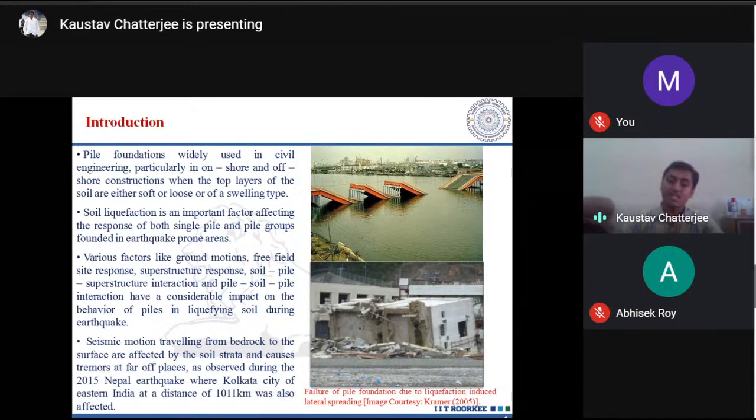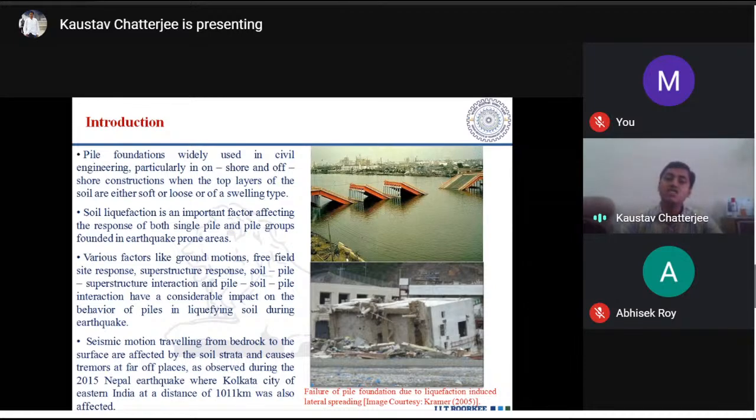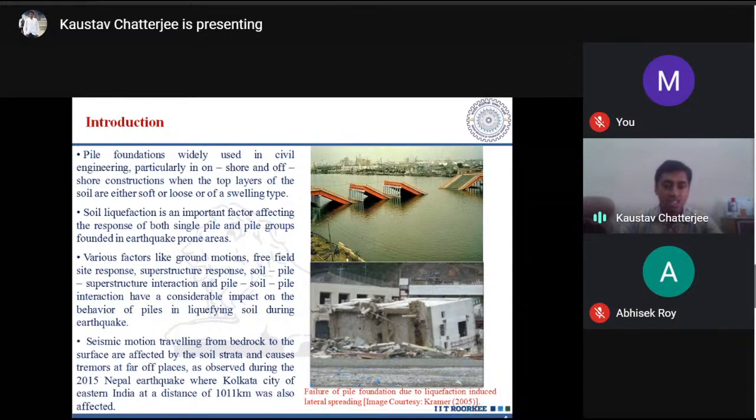And there are several factors like the input ground motion, the free field conditions, the response of the superstructure, then the soil-pile-superstructure interaction, and also the pile-soil-pile interaction for a pile group. These have a very important role to play in liquefying soil during earthquake conditions.